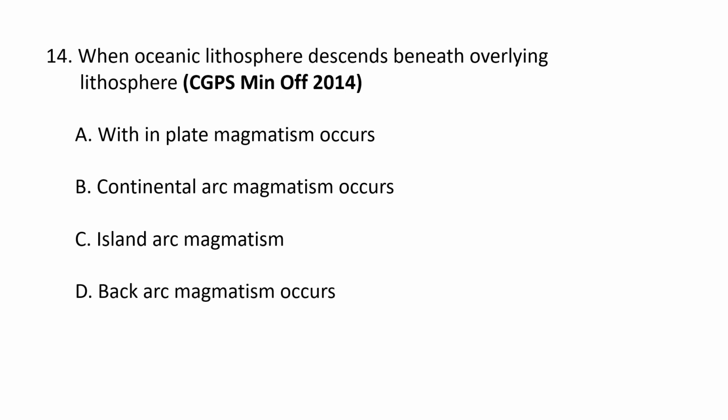When oceanic lithosphere descends beneath the overlying lithosphere, then island arc magmatism will happen. An island arc forms, and this process occurs at the subduction zone, where the denser oceanic plate sinks beneath another plate, causing volcanic activity, which further builds up a chain of islands over time, and it eventually forms the island arc.